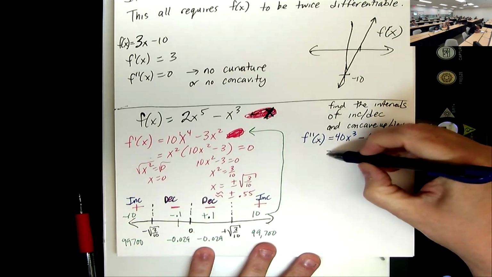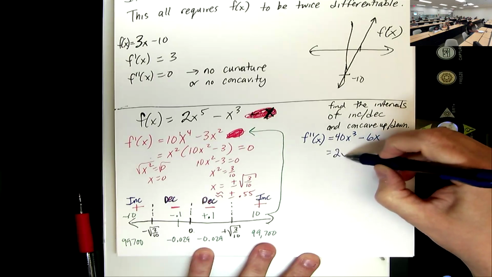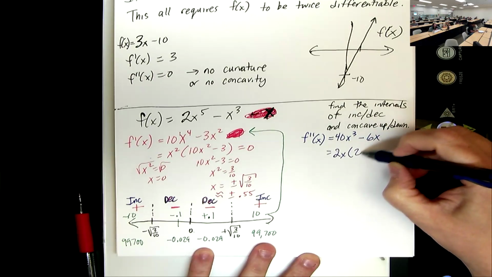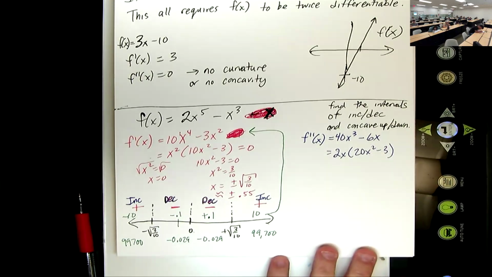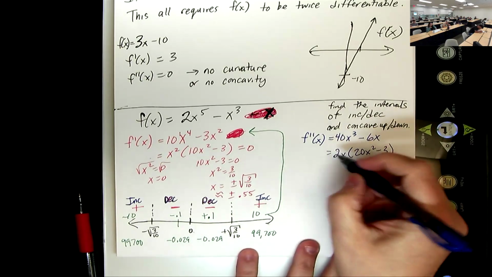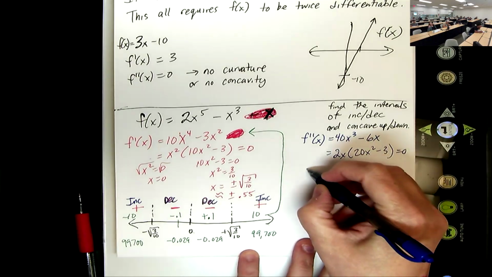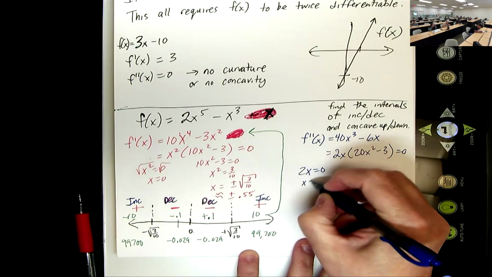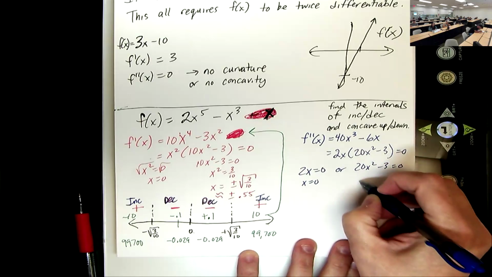We'll do the same thing here, we're going to factor out. Looks like I can factor out a 2x, make it a little bit easier. This is 20x squared minus 3. I did not make these friendly values. This is what happens when you wing a problem. We'll do another example where they're better values. So if I set this equal to 0, 2x equals 0, so x equals 0, or 20x squared minus 3 equals 0.